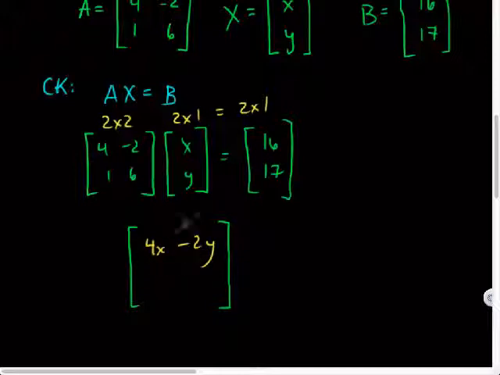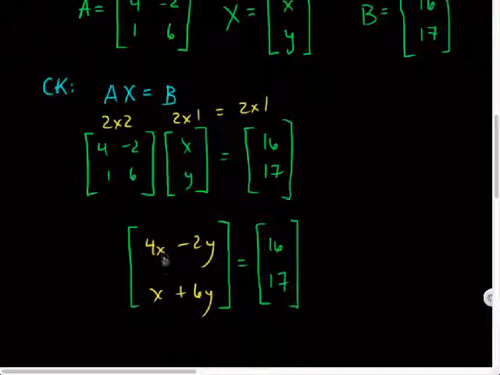That's not 2 rows there. And my second row, first column element would come from the product of the second row and the first column. So 1 times x is x, 6 times y is 6y, positive 6y.